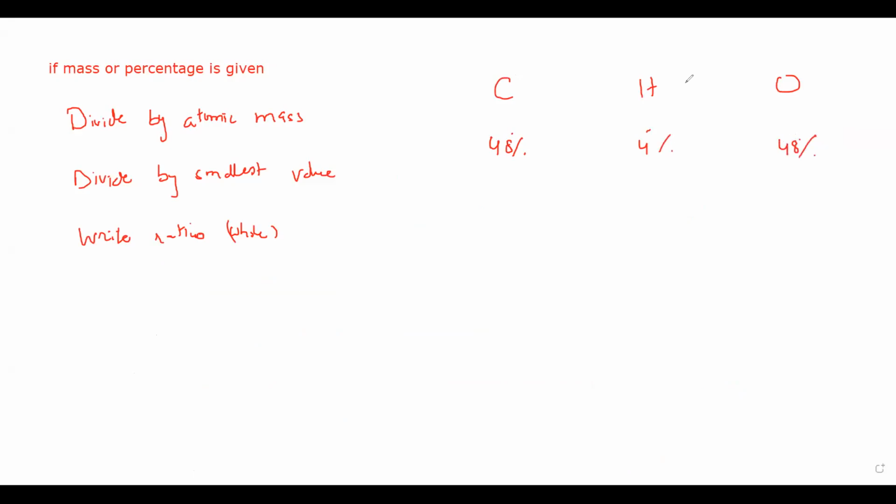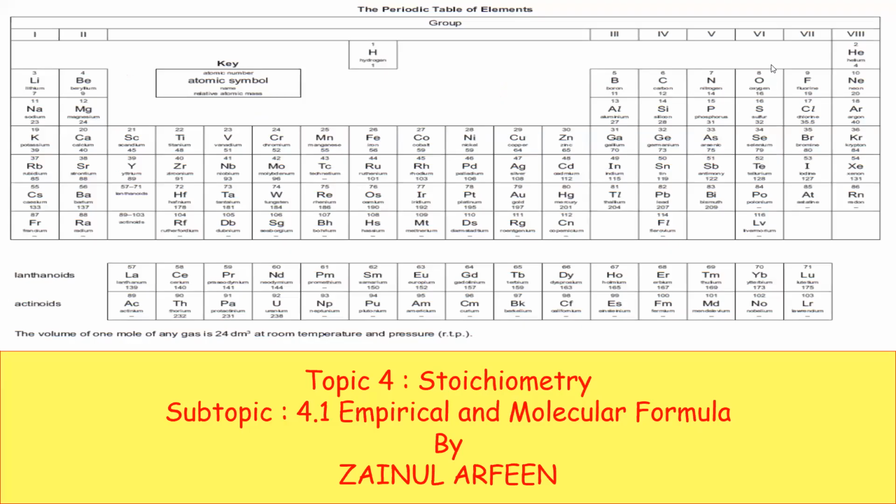Now, what is step one? Step one is divide by atomic mass. So how can you work out the atomic mass? For that, you have to use a periodic table. As you can see, this is a periodic table which will be there in the exam. So what is the atomic mass of carbon?